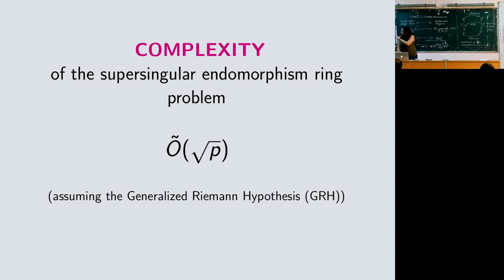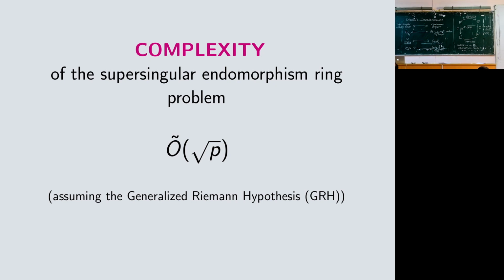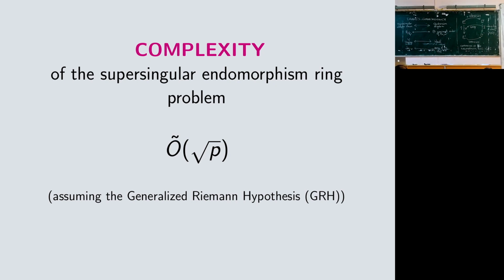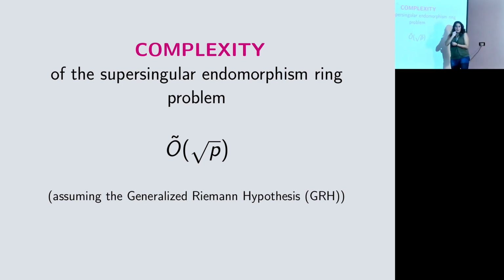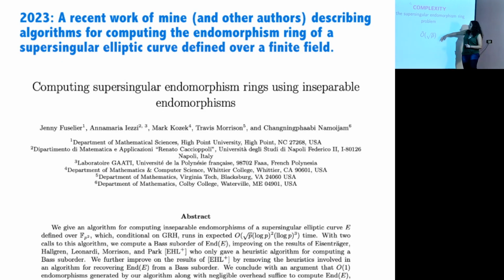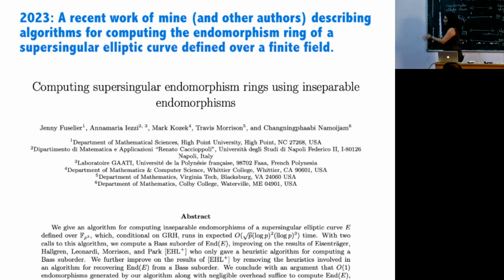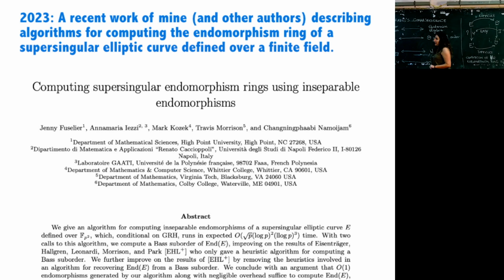Well, before that, just to tell you about the complexity of this problem at the moment. Here the tilde means that you have to multiply inside by a logarithmic factor. But basically the complexity is square root of p, which is exponential in the size of p, in the logarithm of p. This is the current state of the art, assuming GRH, the generalized Riemann hypothesis, but that's too technical. Keep this as the complexity.